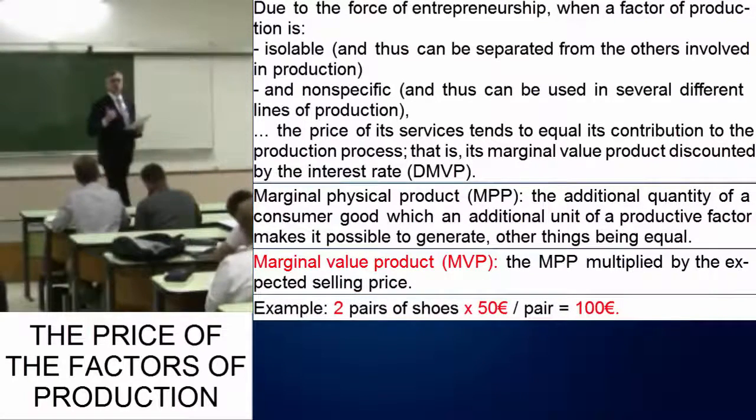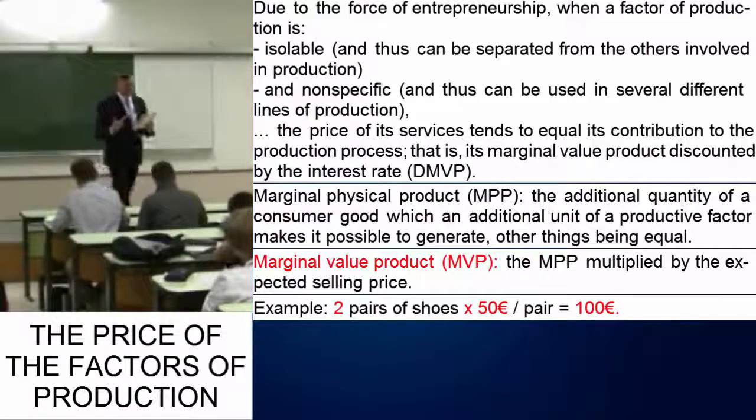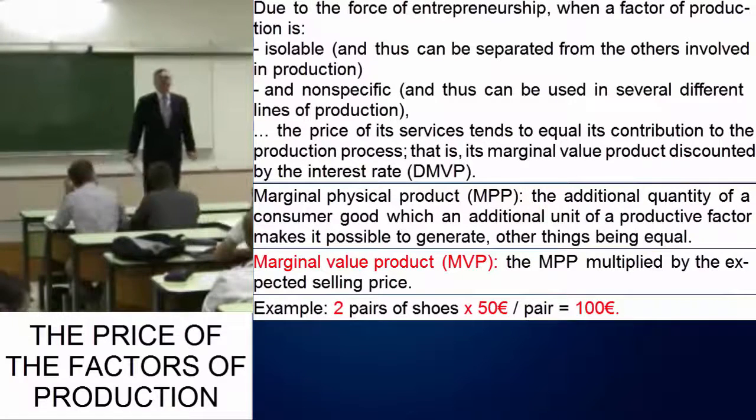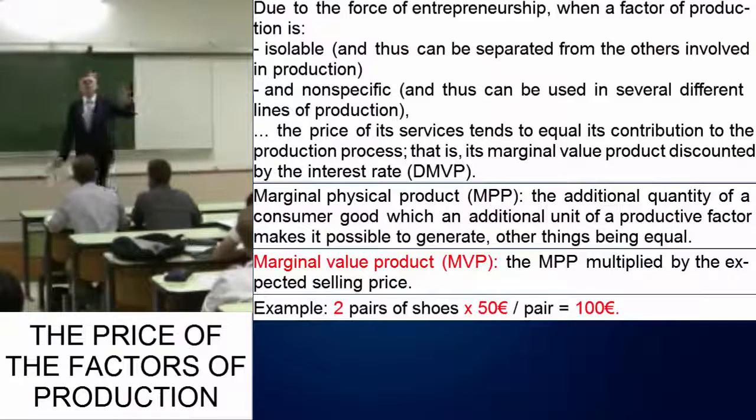If in our example, the marginal physical product is 2 pairs of shoes, what is the marginal value product? Well, if each pair of shoes is going to be priced at 50 euros, the marginal value product would be 2, for the pairs of shoes, times 50, or 100 euros. In other words, this is the same idea as before, but in terms of market prices.